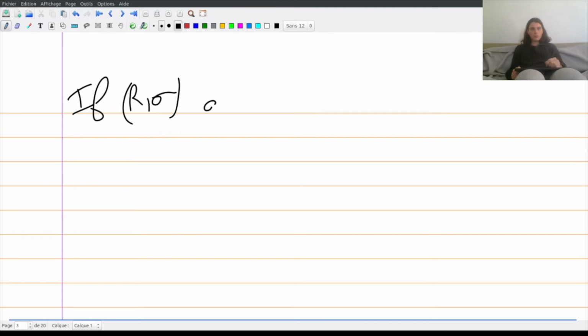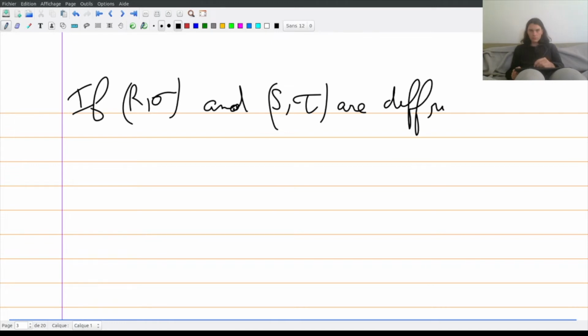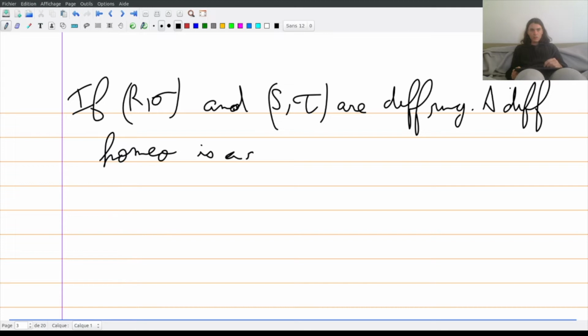If (R, sigma) and (S, tau) are difference rings, a difference homomorphism is a ring homomorphism phi from R to S that commutes with the automorphisms.